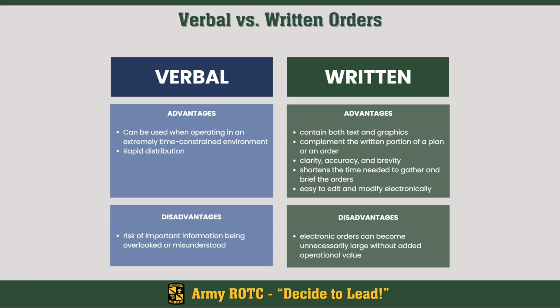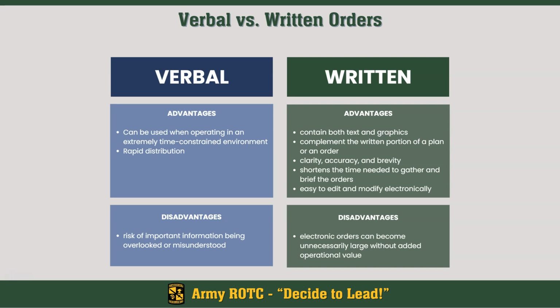The likelihood of the last person stating the exact same statement that the first person told the second person is pretty slim. So use that analogy to understand that verbal orders can oftentimes miss information. It can be misconstrued, it can be misunderstood and pushed out in a different way than was intended.